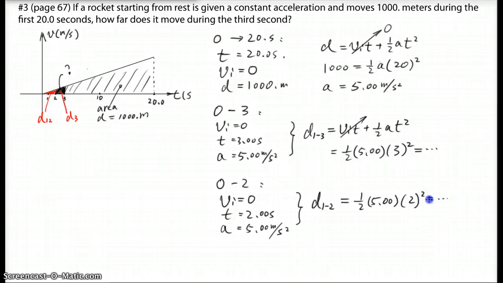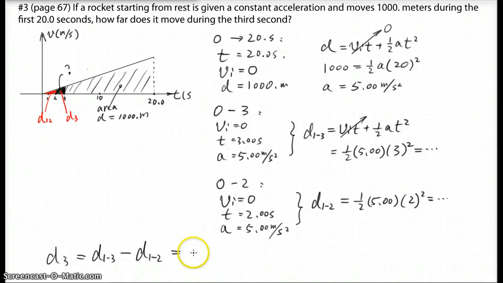And you don't have to calculate this separately, because eventually the question is asking for D3, and we simply use D1,2,3, the displacement traveled during the first 3 seconds, subtract the displacement traveled during the first 2 seconds, right? That's the displacement traveled during the third second.